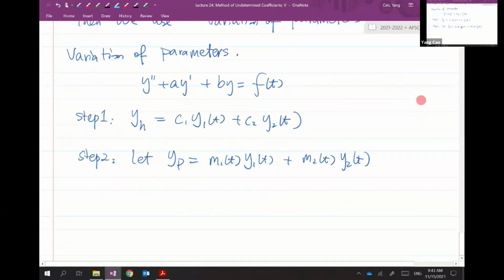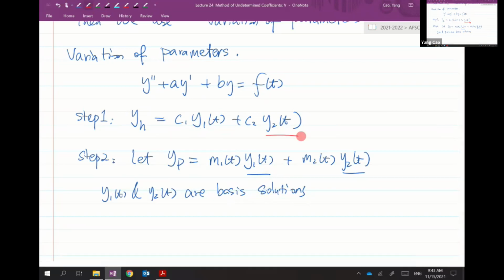Okay, so this y1 of t and y2 of t, they're the so-called basis solutions. They're from your homogeneous second order differential equation's characteristic equation. So this is from the y1, y2. And then m1 of t, m2 of t are two functions that we need to find out.